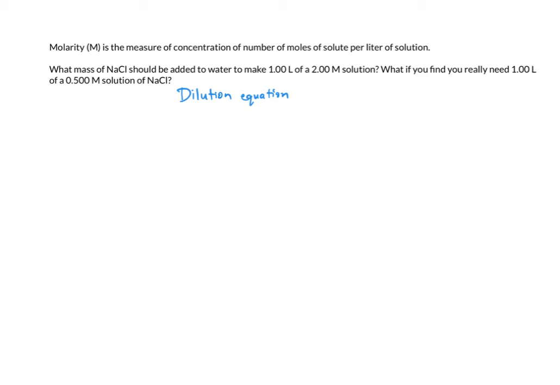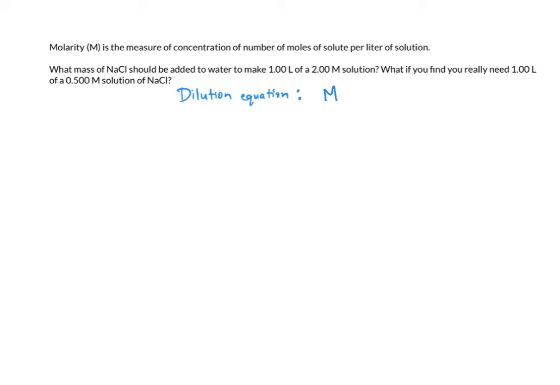Dilution is the process of changing the concentration of a solute by changing the volume of solution that it's in. We have a nice handy-dandy equation that relates dilution for us. Because we know the number of moles is constant, if we dilute something, we haven't changed the amount of sodium chloride that's there, but we have changed the environment that that sodium chloride is in.